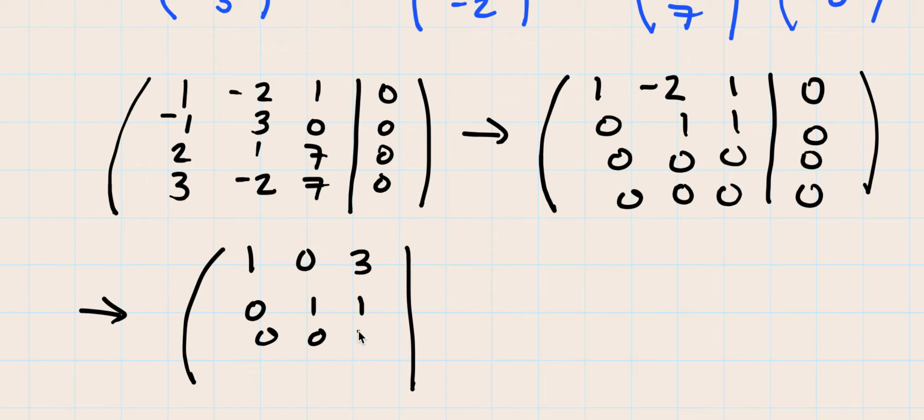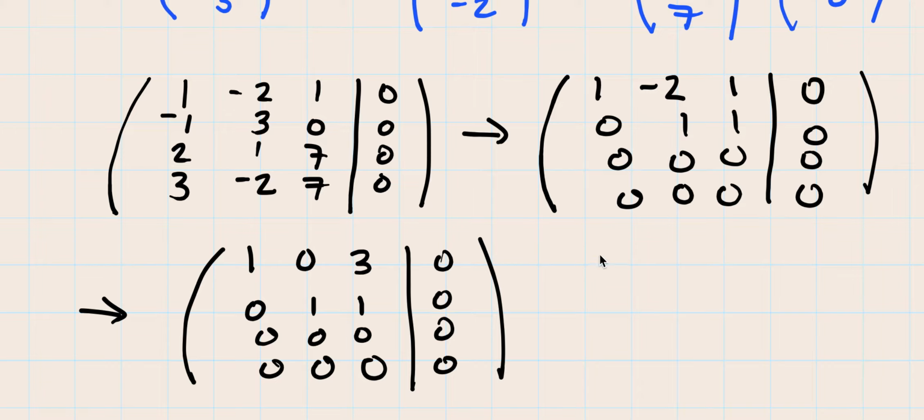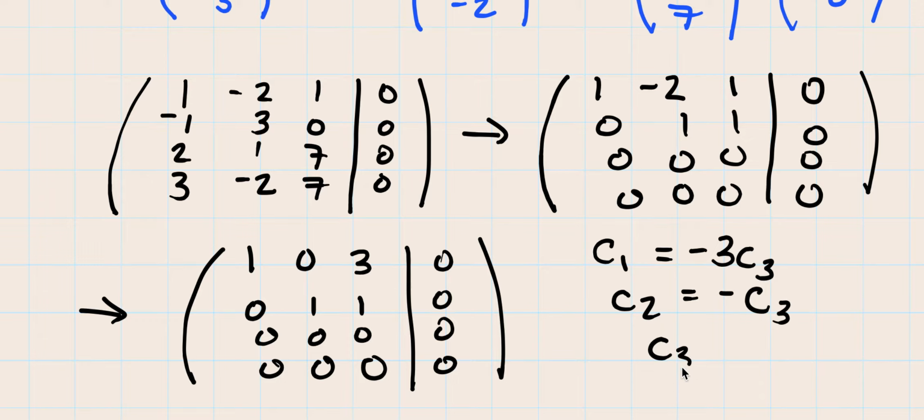These are rows of zeros. And we see that C1 is equal to negative 3 C3, and C2 is equal to negative C3. And C3 is a free variable.